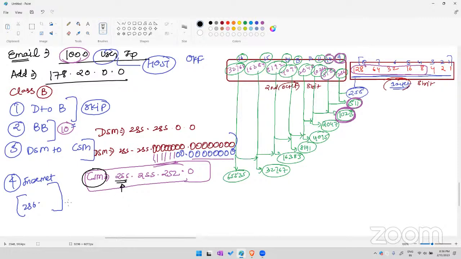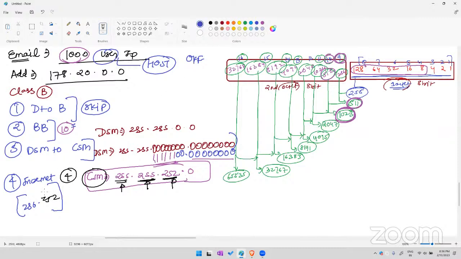Full, because we are not getting any space to add a value now. Second octet is full or free? Is the third one not free? Yes, the third octet is not fulfilled. So we need to put the value 252. How much is the increment? 4.